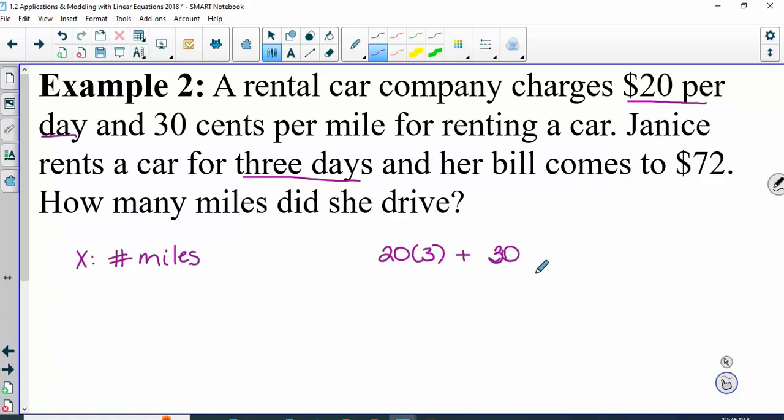Okay. What do we have to do with that? 30x. Okay. Is there something wrong with how I have it written? What's wrong with it? Yep. And the bill is $72, so it equals 72. So now we can solve.